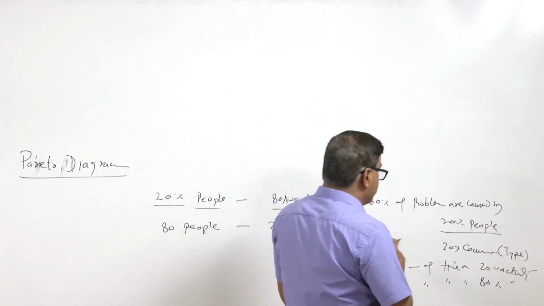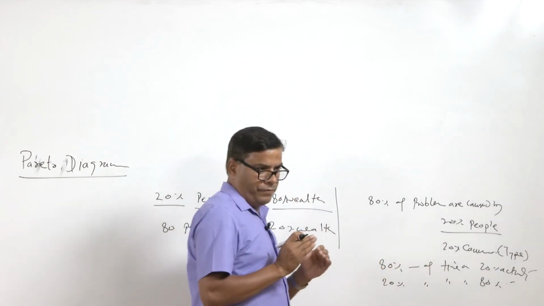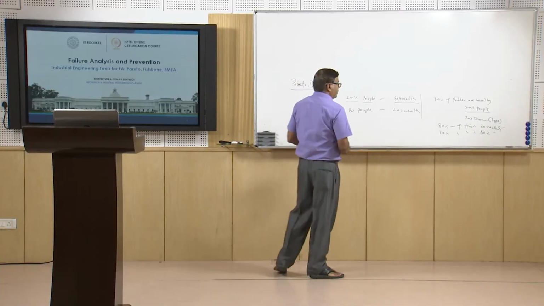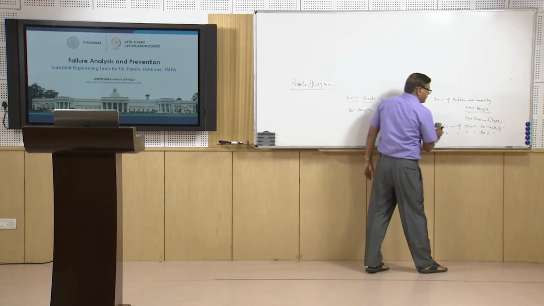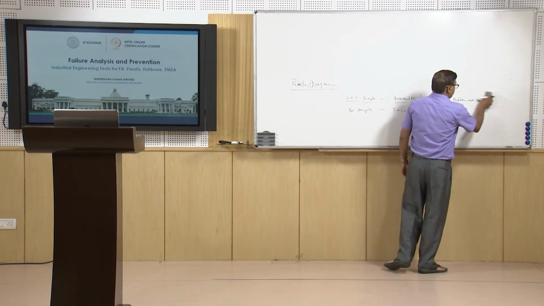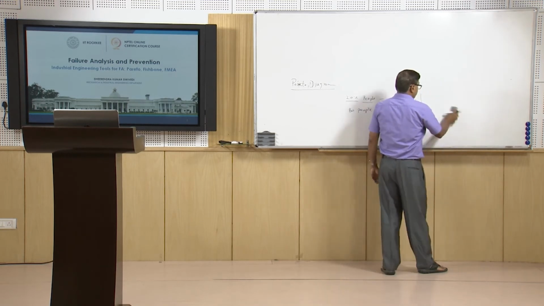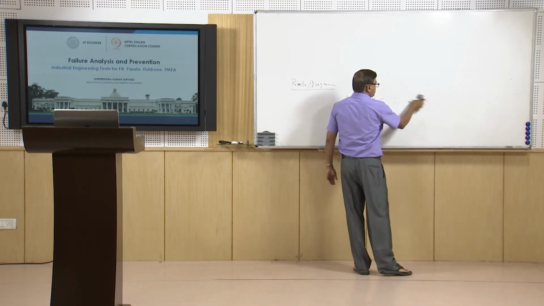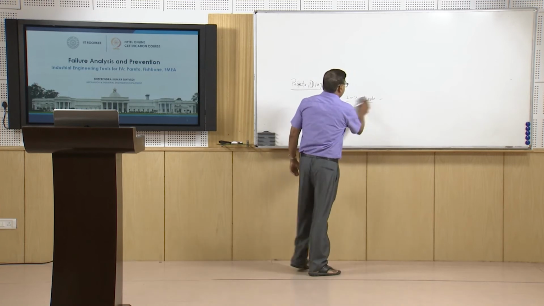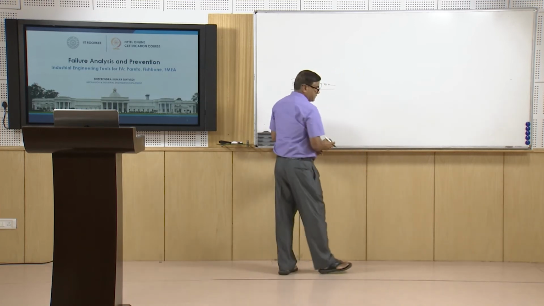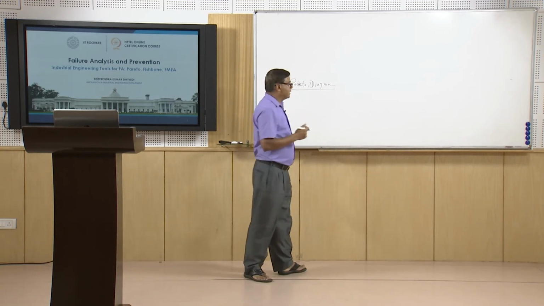So, these 20-80 proportions or percentages were found to be applicable by and large in various facets of life, and therefore, one Japanese scientist coined that this rule is universal and it is applicable in a variety of situations.